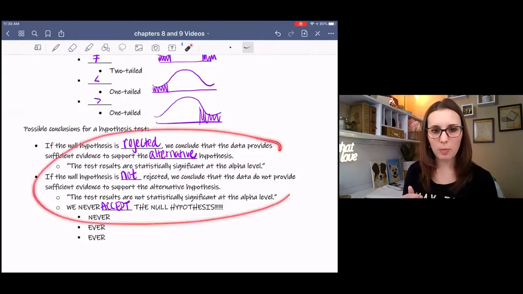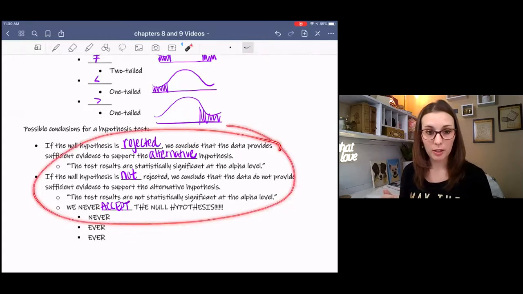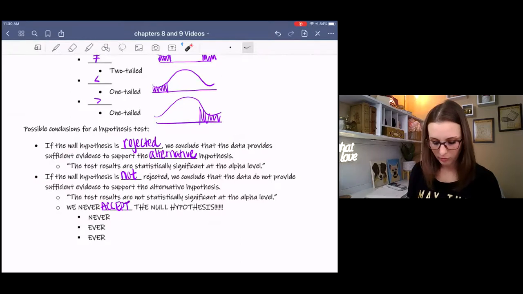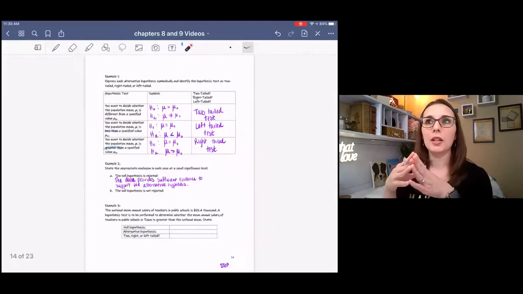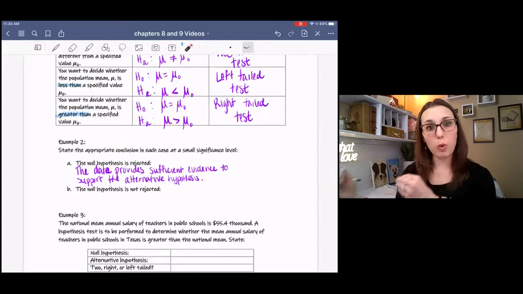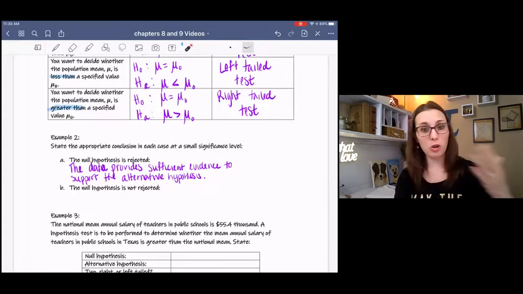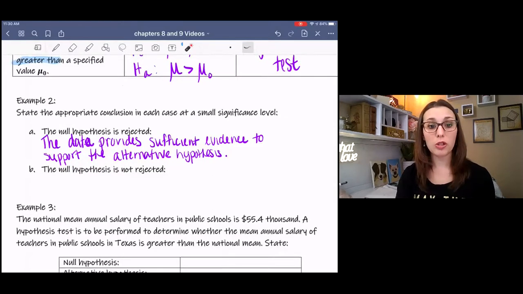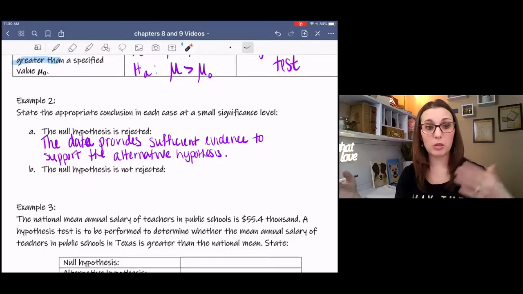When the null hypothesis is rejected, you can say that the data provides sufficient evidence to support the alternative because the null was rejected, or you can say that the test results are statistically significant, which means we reject the null.